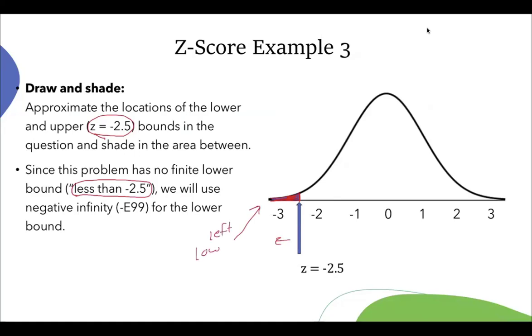That is always the lower. And the right is always the upper. Okay, so what we have to do on our calculator when we run normal CDF is make sure that our left, our lower, is identified as negative infinity, and the right, our upper, is negative 2.5.